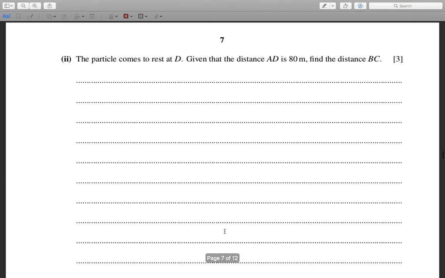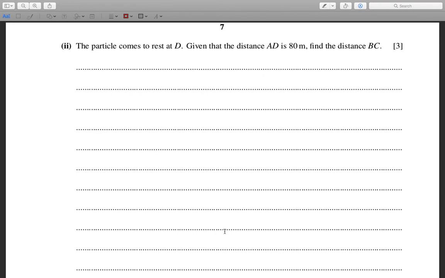Now question II. The particle comes to rest at D. We don't know where D is. Given that the distance AD is 80 meters, find the distance BC. How to solve this?